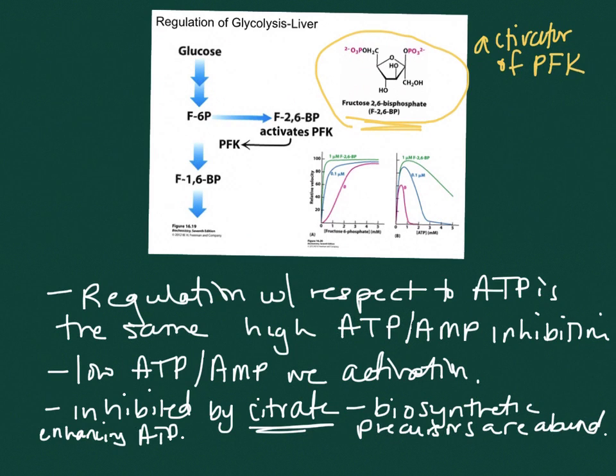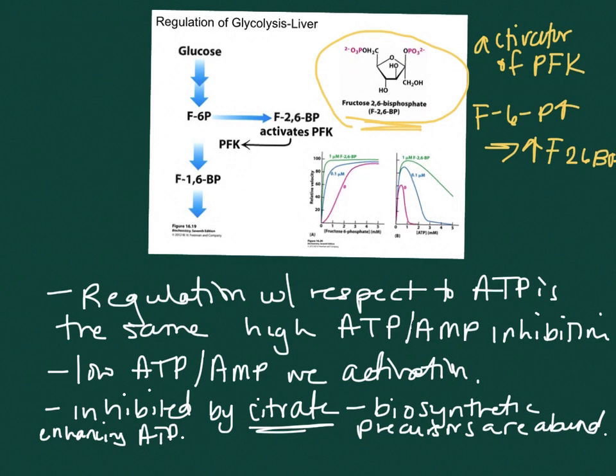Hence, increased fructose 6-phosphate is going to lead to increased fructose 2,6-bisphosphate. The binding of fructose 2,6-bisphosphate increases the affinity of PFK for its substrate.